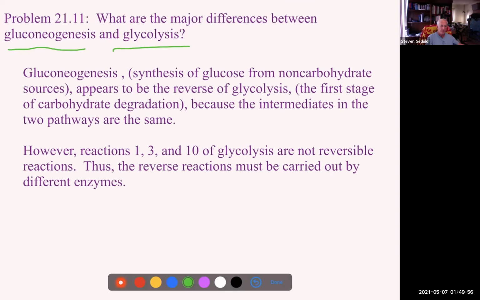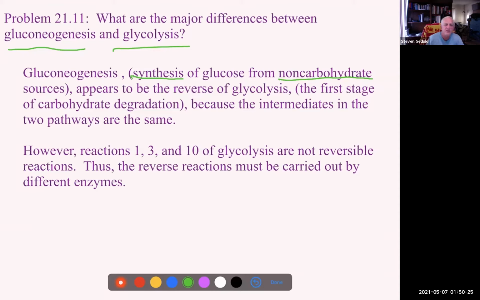Gluconeogenesis is a synthesis or formation of glucose from a non-carbohydrate source, like pyruvate. Remember, your sugars are 5-carbon, 6-carbon sugars. Pyruvate is a 3-carbon compound, so it's a non-carbohydrate source. It appears to be the reverse of glycolysis, the first stage of carbohydrate degradation.